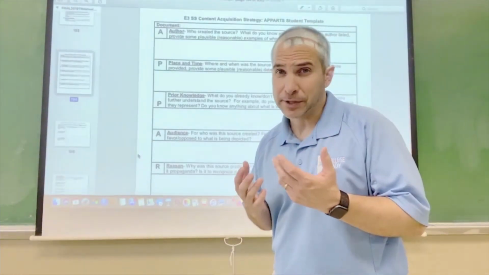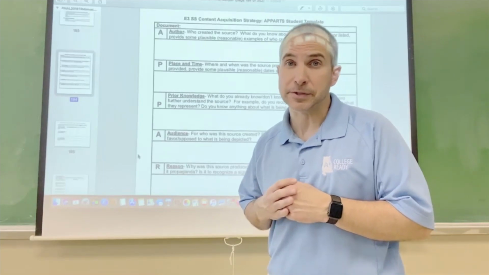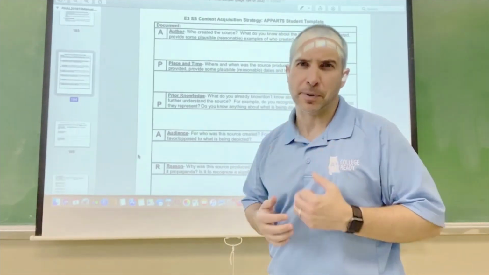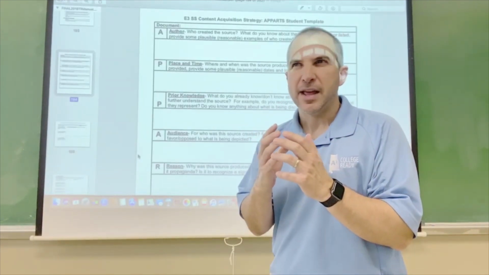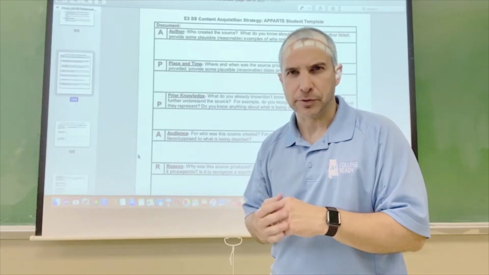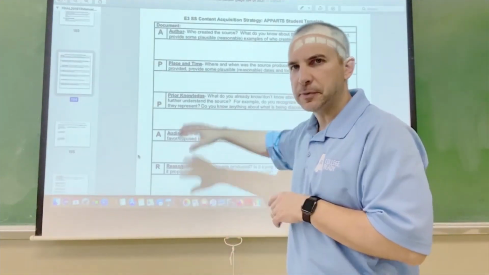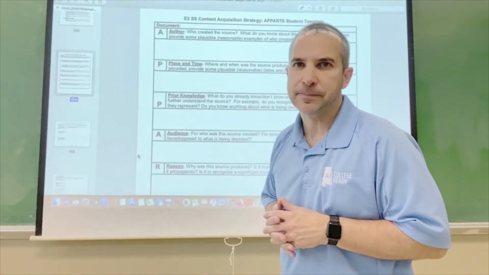When you're introducing primary sources for the first time, or maybe if students have seen them before but have never really learned how to approach a primary source and fully analyze the source and consider the context of the source and the author and the purpose and the point of view and things like that, we've also provided this template here. This is the AP Parts template.